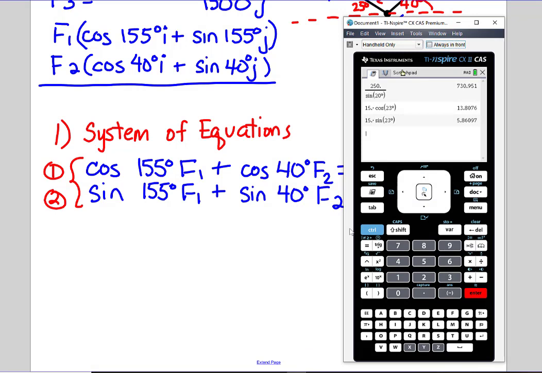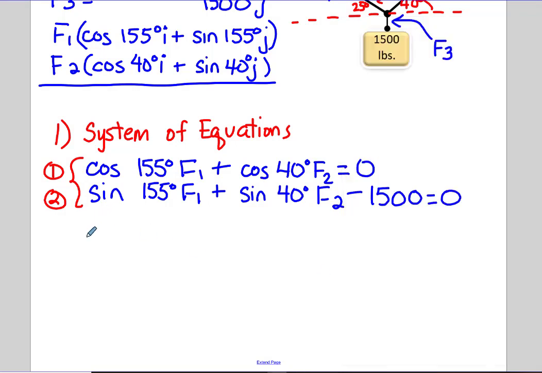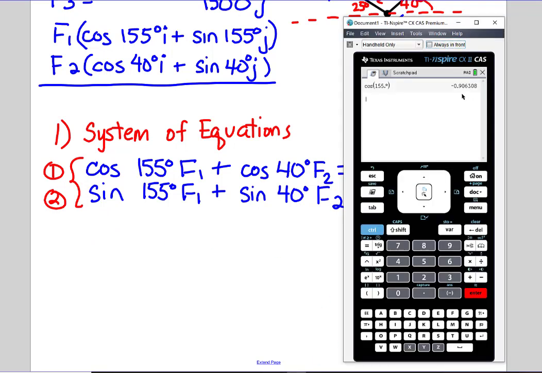And let's jump over to the calculator to make our life easier. We're going to turn those into decimals. So we've got cosine of 155 degrees. And that is negative 0.906, and it's multiplied by F1.